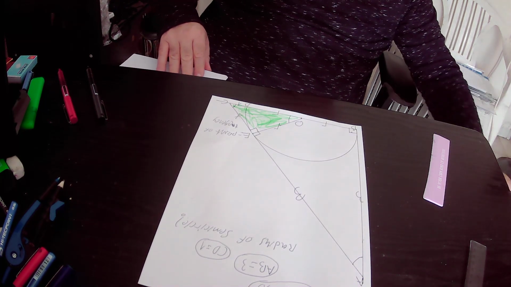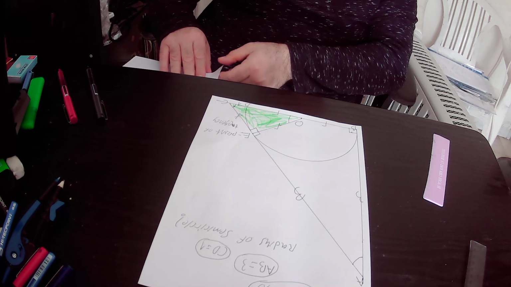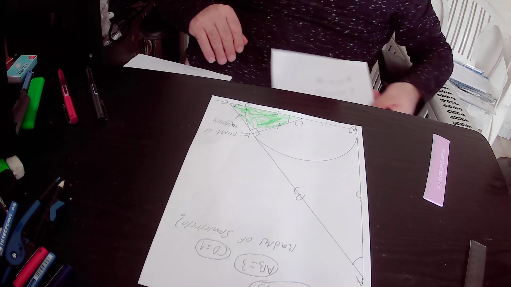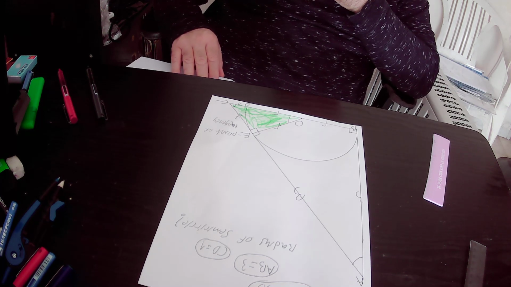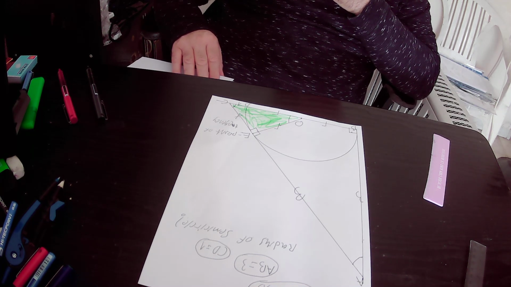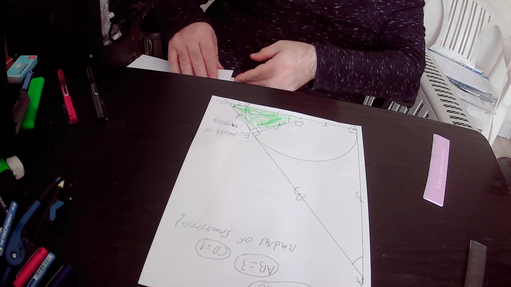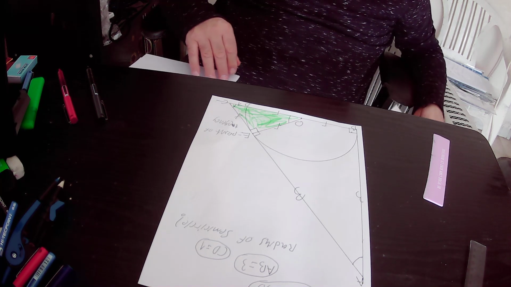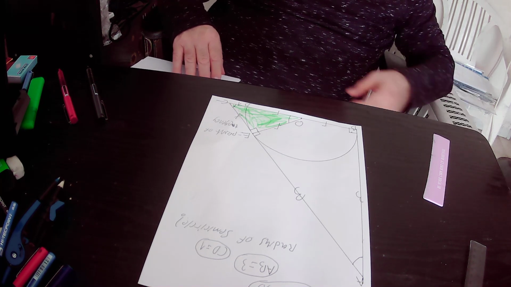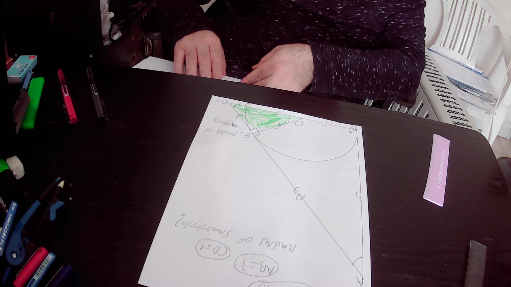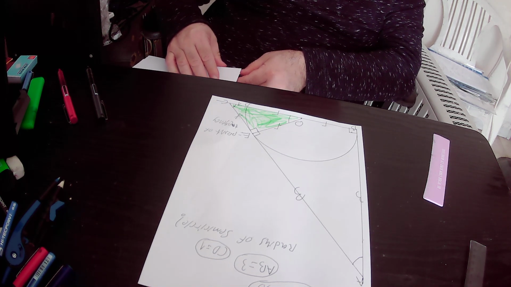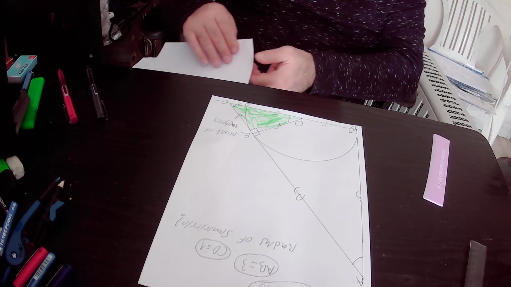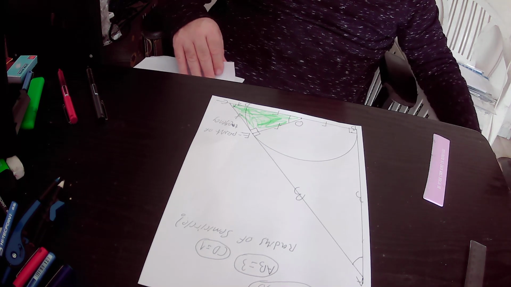And rule number 1 is actually the 2 tangents theorem, and the 2 tangents theorem states that the lengths of 2 tangents from a common external point to a circle are equal.